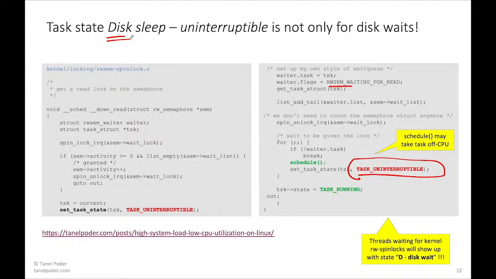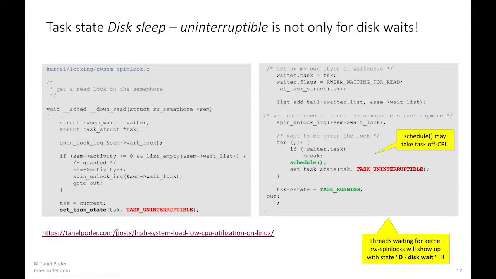So essentially, we are not actually waiting for I/O to complete or even got into the part of submitting the I/O. We are stuck in a file system layer, for example, waiting for a lock because of contention, and that will also show up as disk sleep. So D state usually is disk I/O, but not always.